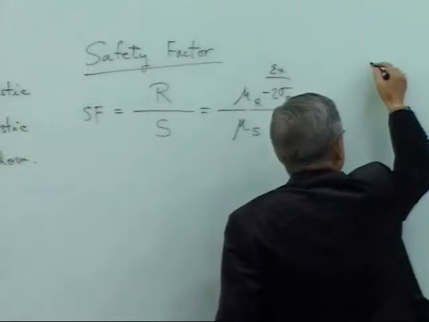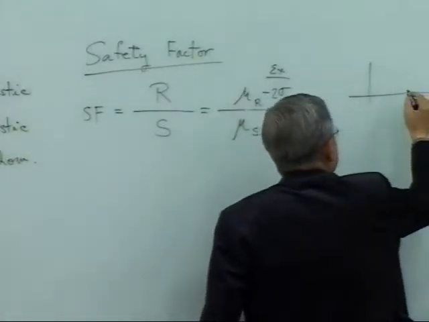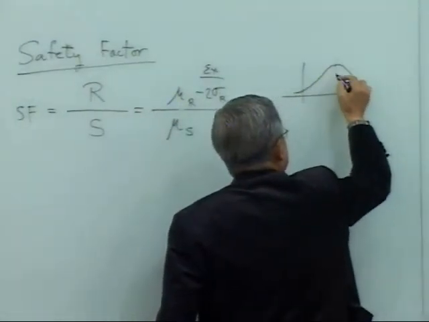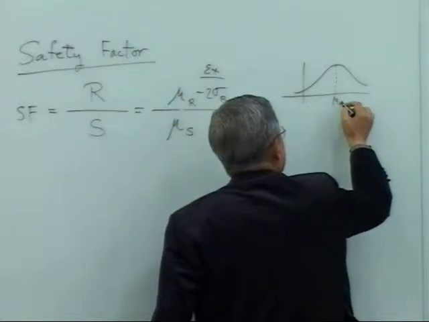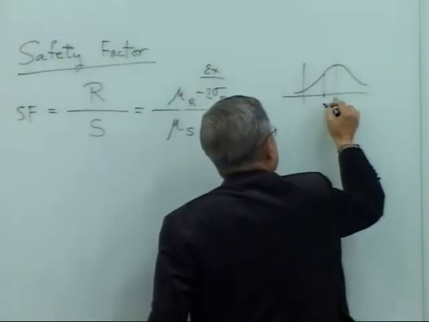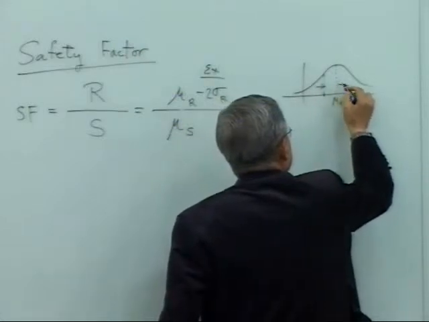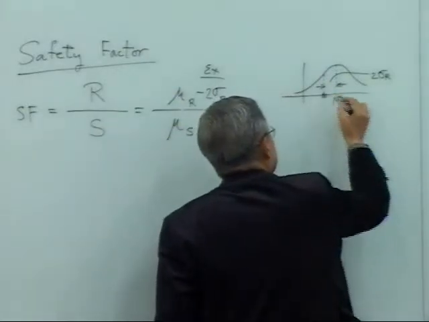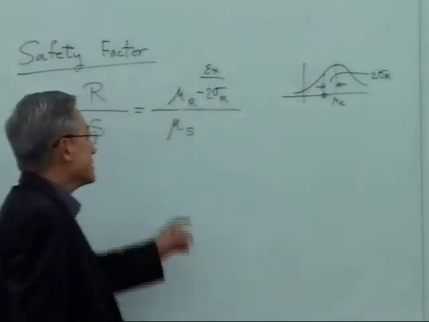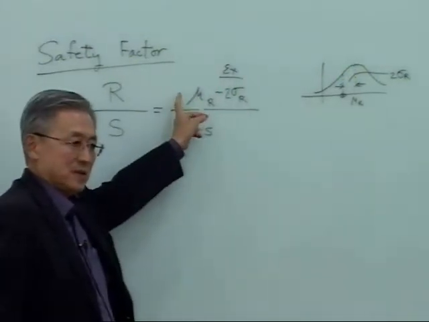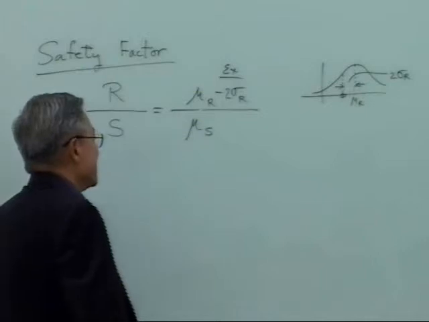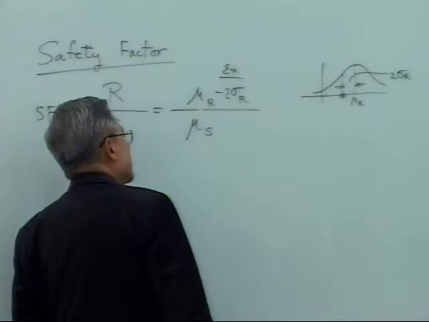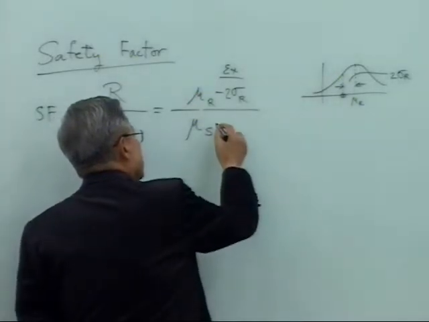When you deal with the probability model, if it's normal, right here is mu R. I want to reduce it by 2 sigma R, and I'm going to set that point as the design resistance. But for the loading, the mean loading or mean applied stress, let's jack it up a little bit.